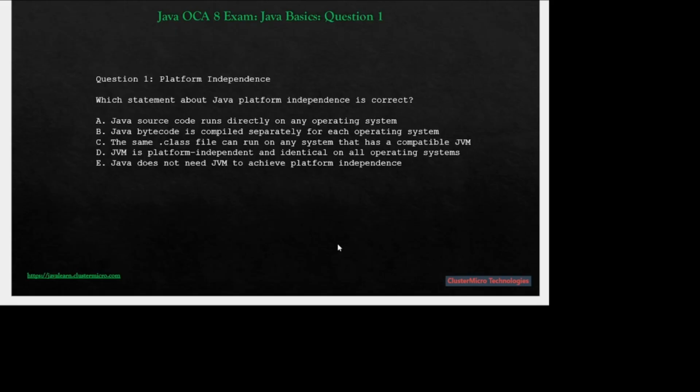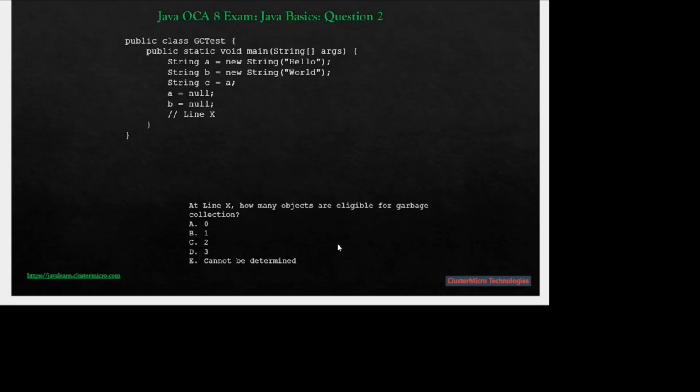Second question: we are given code and we have to see how many objects are eligible for garbage collection. String A is new String hello and string B is new String world, and then we have string C equal to A. So the hello object that A created is also pointed to by C. A is equal to null, that's fine, and B is equal to null.